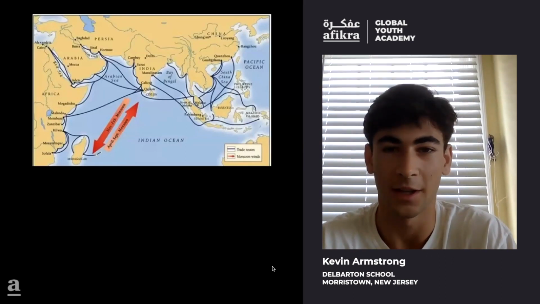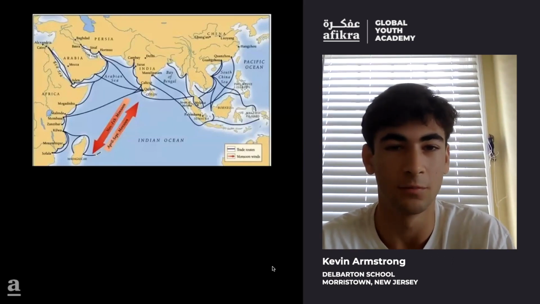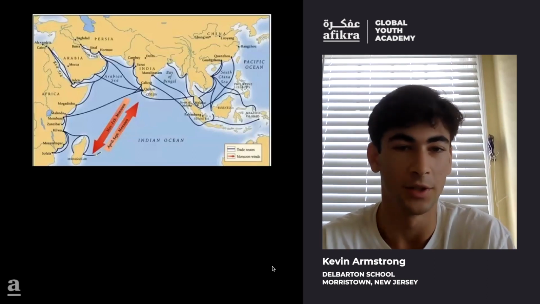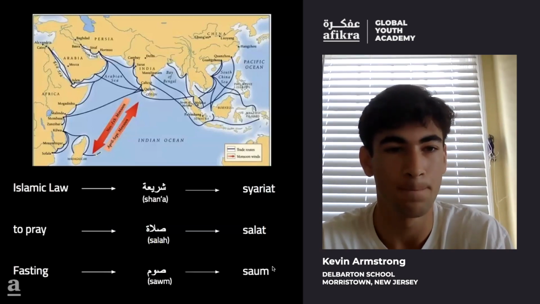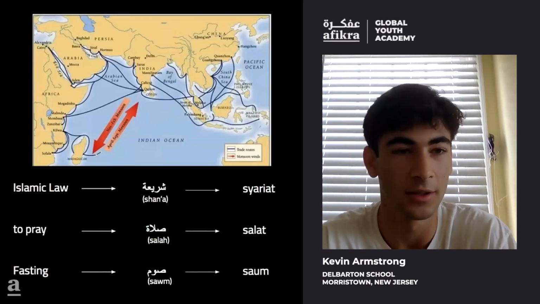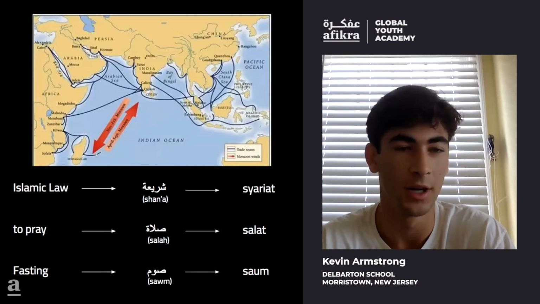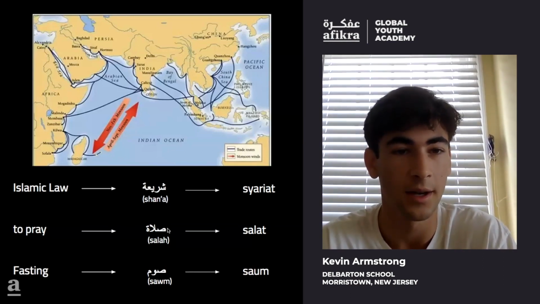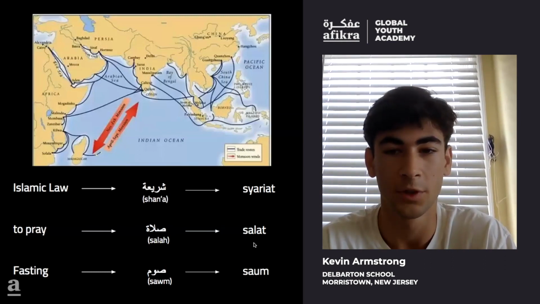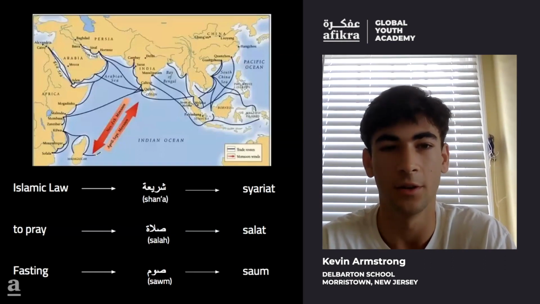And this comes from the vast trading networks that Islam traveled through, which cemented itself as a majority religion in Indonesia, and numerous Arabic loanwords to the Bahasa Indonesian language. You can see here Islamic law, to pray and fasting, all relating to Islam and religion, are Sharia, Salah, and Sawm, which are, again, the same in Indonesian.